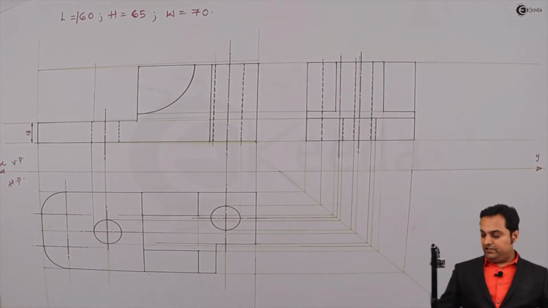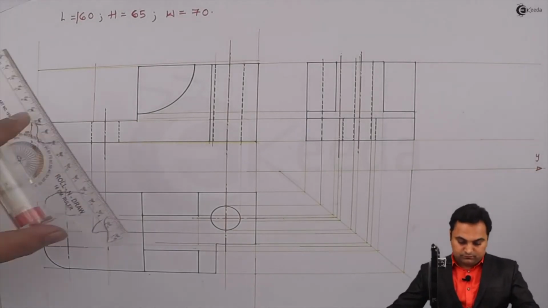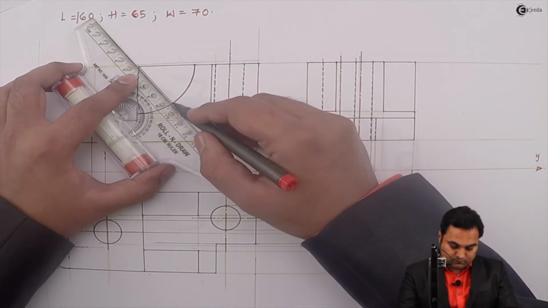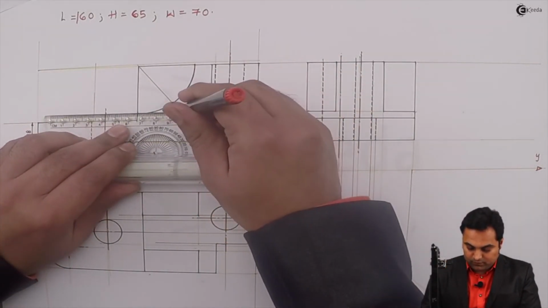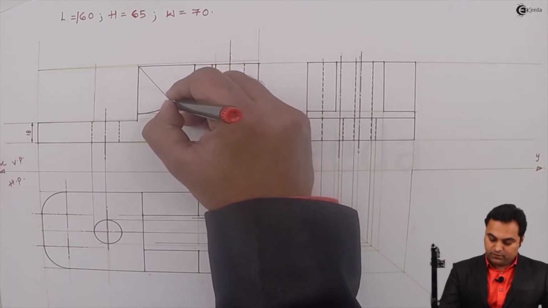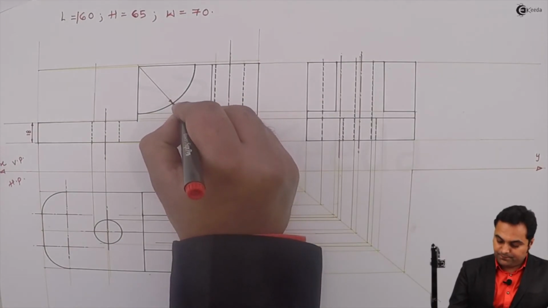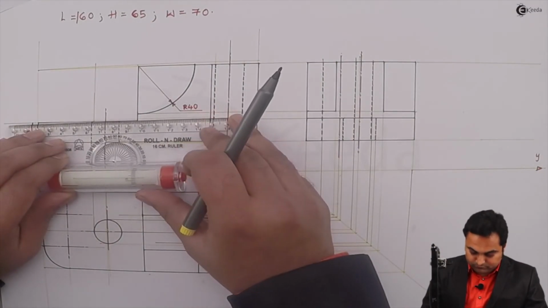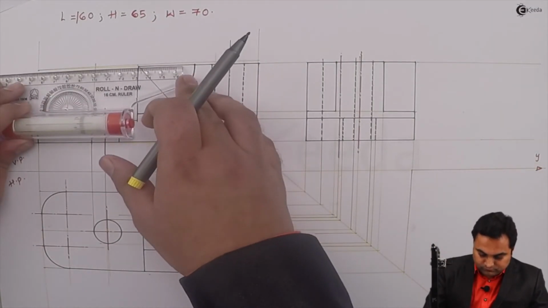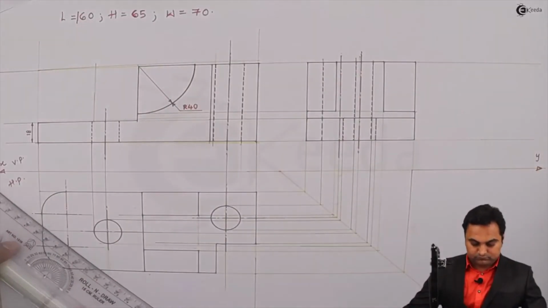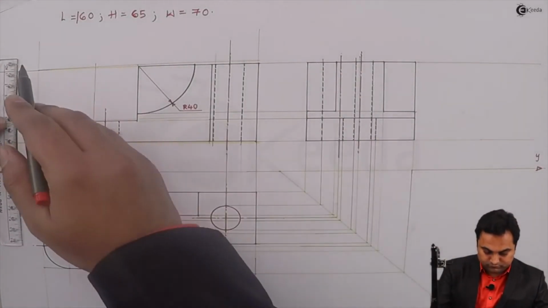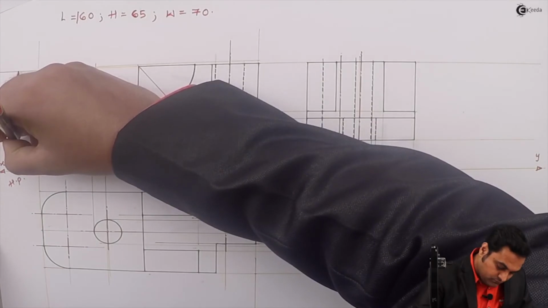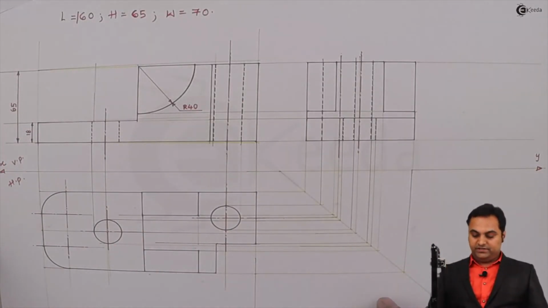This block is of 18 height. This quarter circle has a radius of 40. This height is 65.